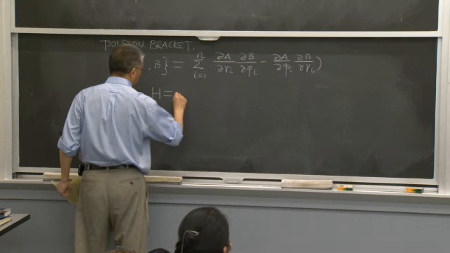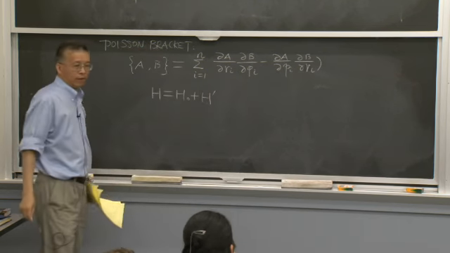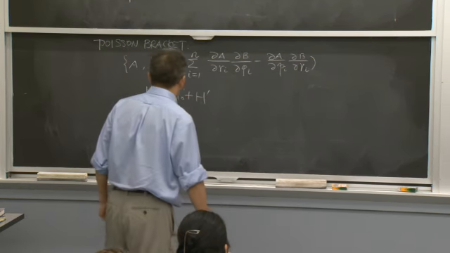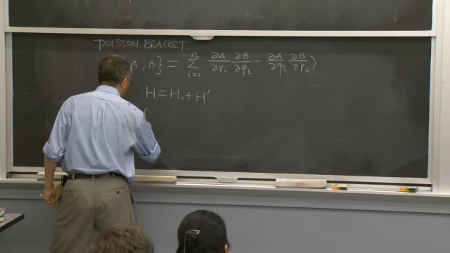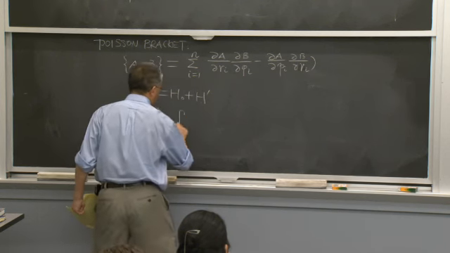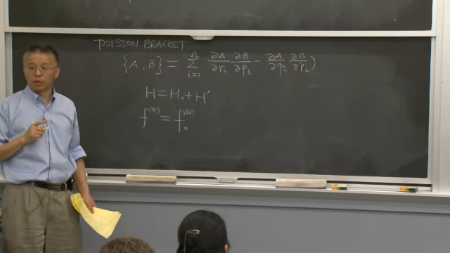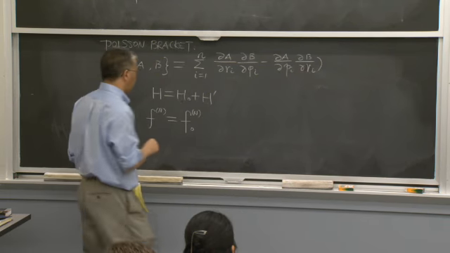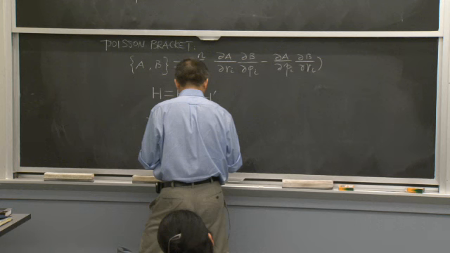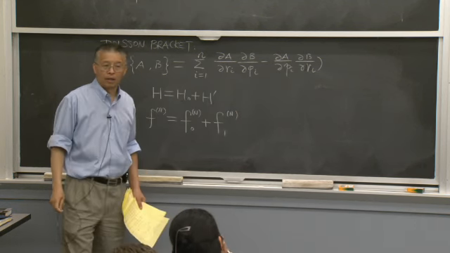The system Hamiltonian is H0 plus H prime. Right? I have a perturbation to the system energy. And then correspondingly, the n-particle distribution function is F0n. That's corresponding to equilibrium. And then a small perturbation F1, and that is due to the perturbation H prime.